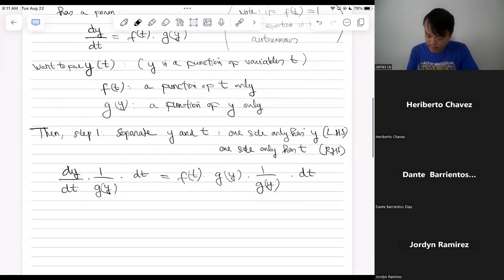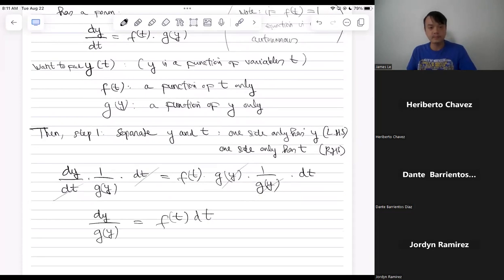When I do that, I can cancel out dt here and also cancel out g of y here. So now I only have dy over g of y and f of t dt. The left hand side is only y and the right hand side is only t.